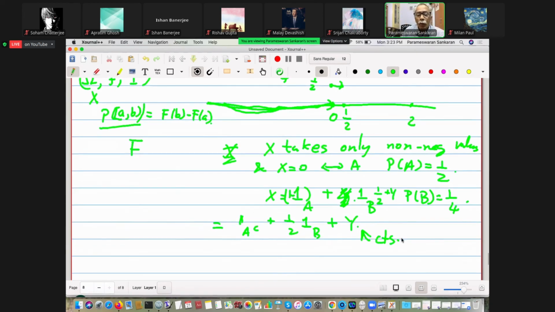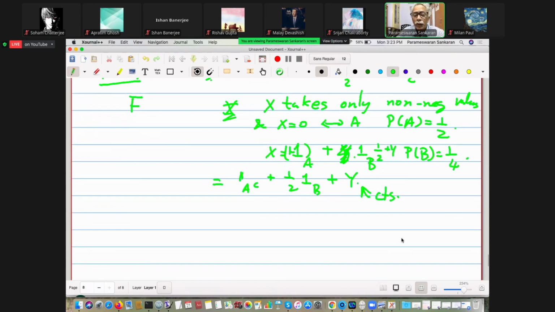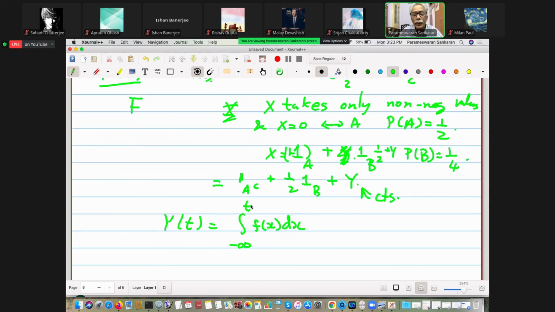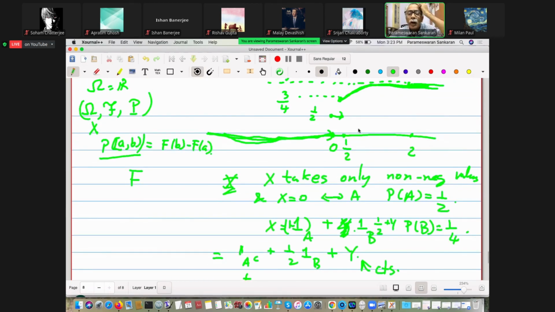What is y? So I should say, what is y of t? Y of t is the integral of some function f of x dx, from minus infinity to t, and t is here somewhere beyond this half. Okay, t is here.